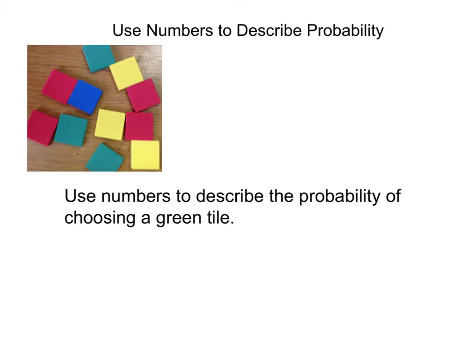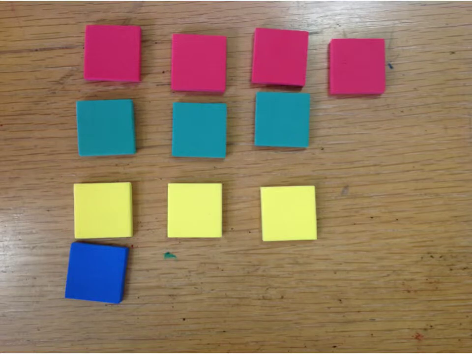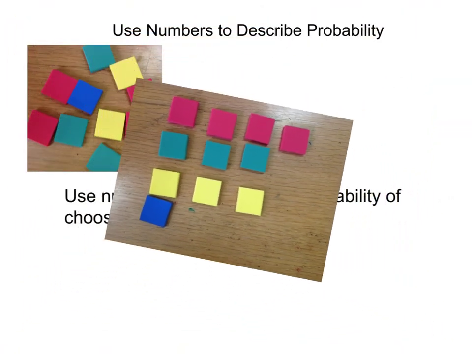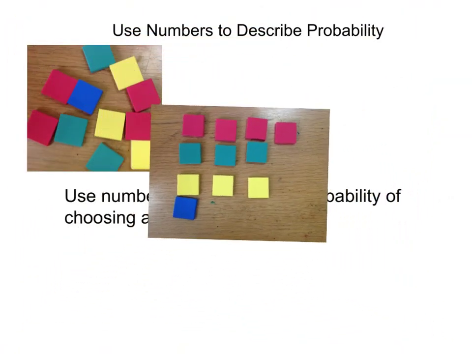Next, we're going to use numbers to describe probability. So we have a group of tiles over here on our left, and we can see that we have some red tiles and some blue tiles, some yellow tiles. And in math, it's really important for us to keep things a little bit ordered so that we can tell what we're counting. Because sometimes it can be hard to just look at a picture and tell exactly what it is.